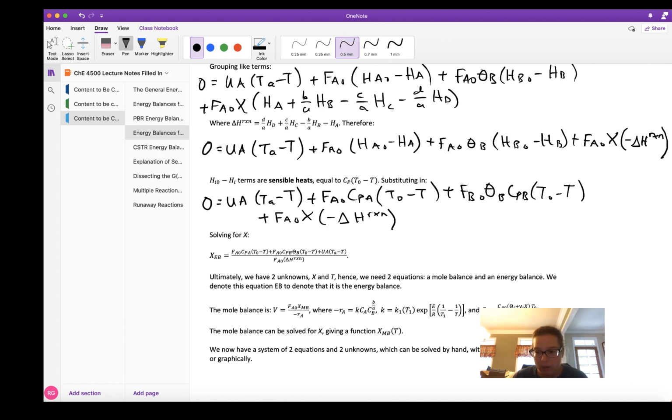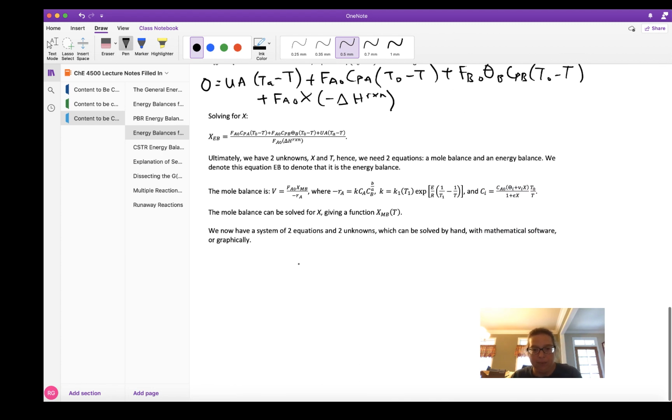We hence need two equations, so we can couple this with a mole balance. The mole balance is the same as in the isothermal case, except now our rate expression has terms in it that are sensitive to the temperature, including the concentrations and the rate constant. We can embed these different temperature-dependent terms into this mole balance. That will give us two equations, two unknowns.